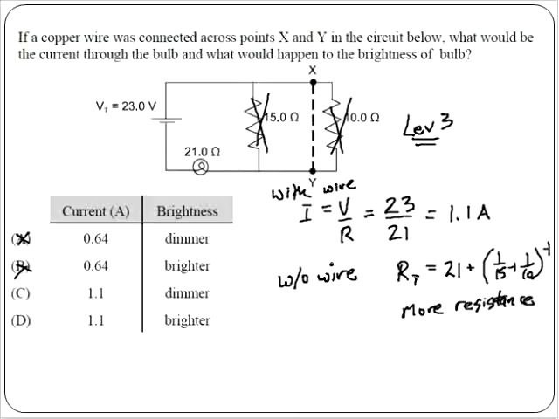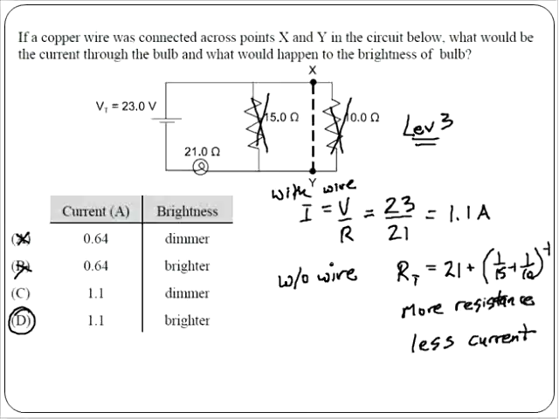So before the wire was there, with the bigger resistance, the current was less. More resistance means less current can go through. So if there was less current before and more current after, then obviously the bulb got brighter.